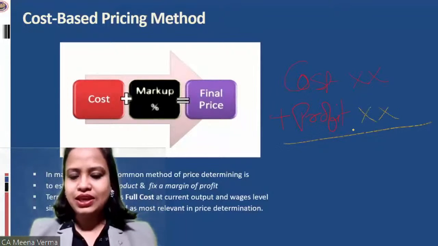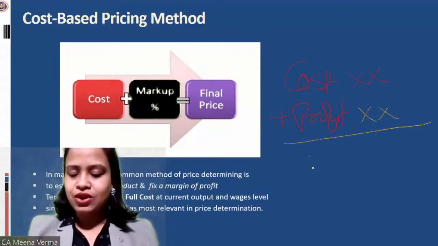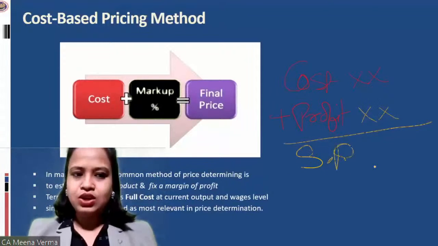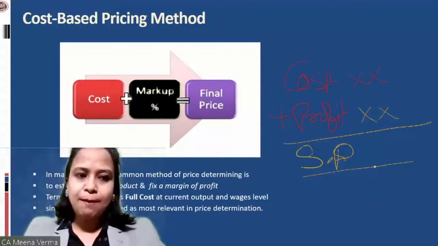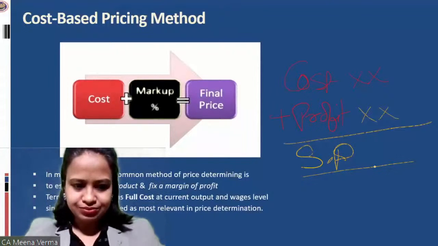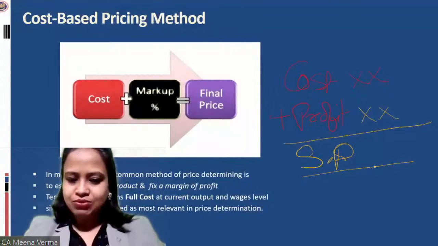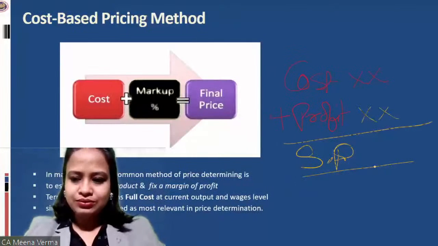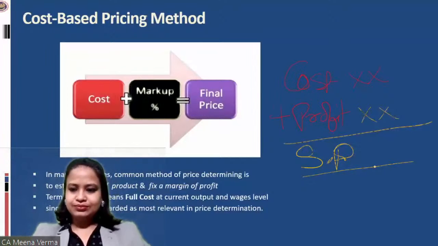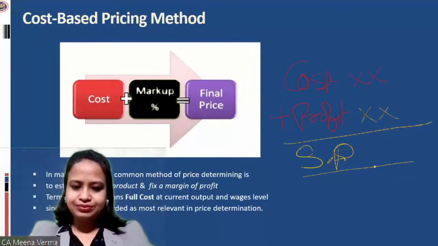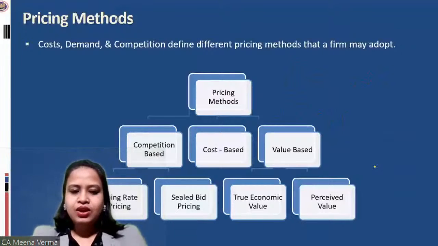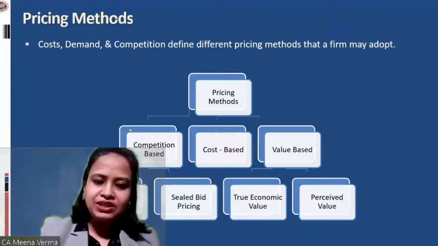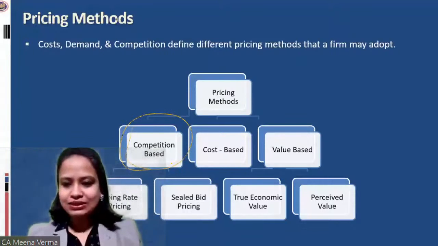We will consider that, and after this we will get the selling price. So this is the cost based pricing method, and we have done some questions related to this method also. Now let us consider the competition based pricing method.